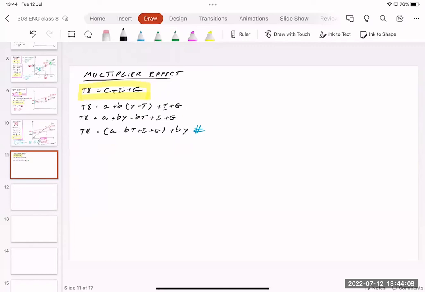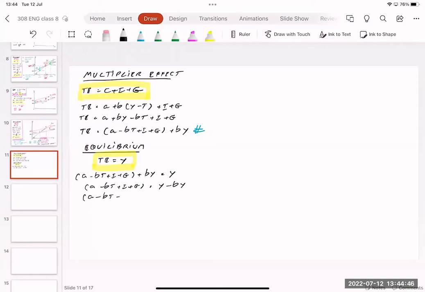Next, I want to find the equilibrium point. As I mentioned before, the equilibrium point is a point where demand equals supply. TE equal to Y. Total expenditure equal to total output. I put the TE equation inside this equation. A minus BT plus I plus G plus BY equal to Y. A minus BT plus I plus G equal to Y minus BY.